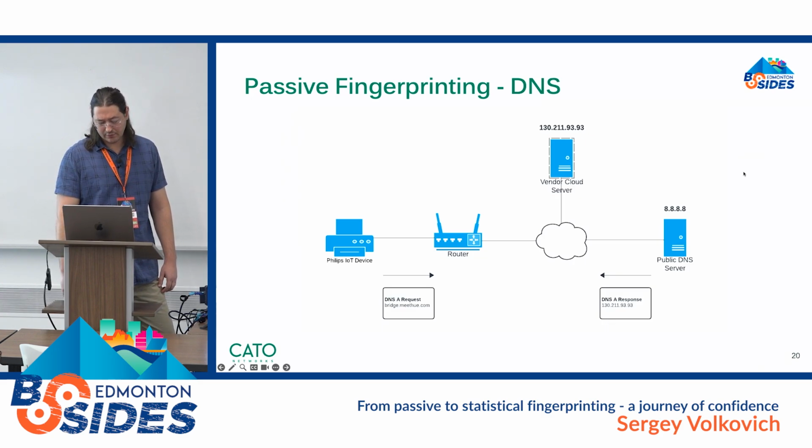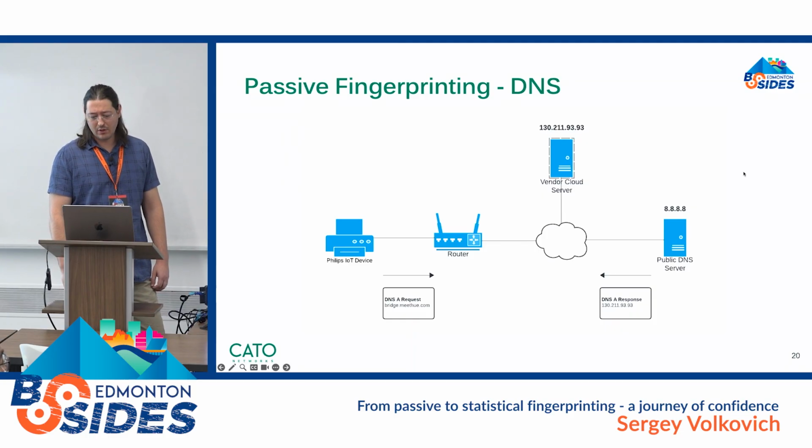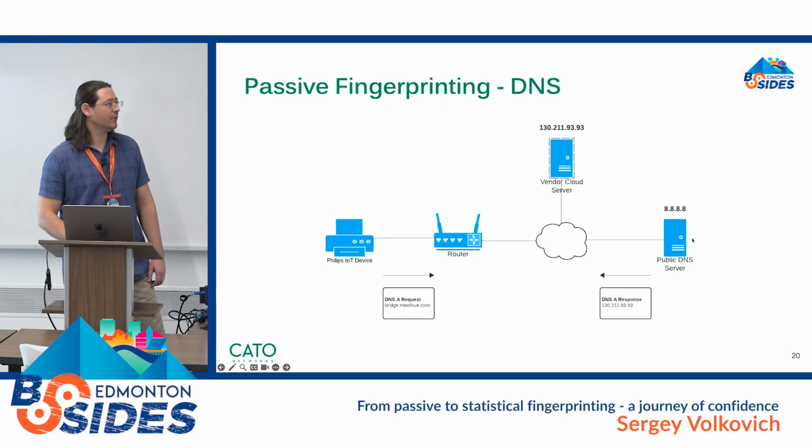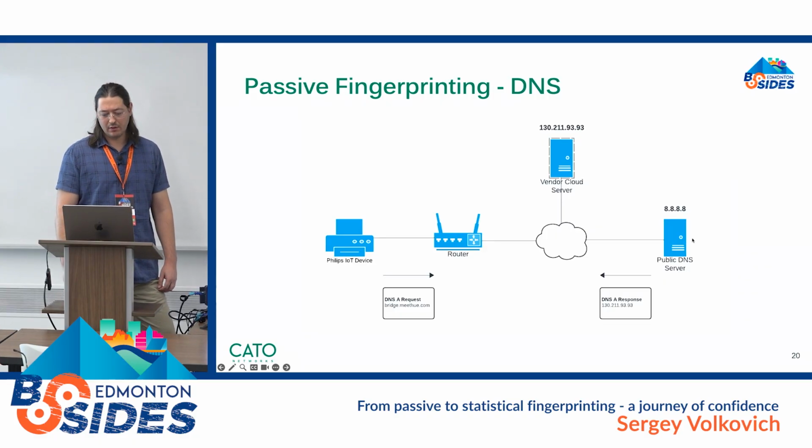Last but not least, let's look at the DNS protocol. IoT devices need to resolve domain names, every device does, and in their case, they need to know the IP of their vendor server. So they send DNS address requests, which go through our router to the DNS server that is configured for them.